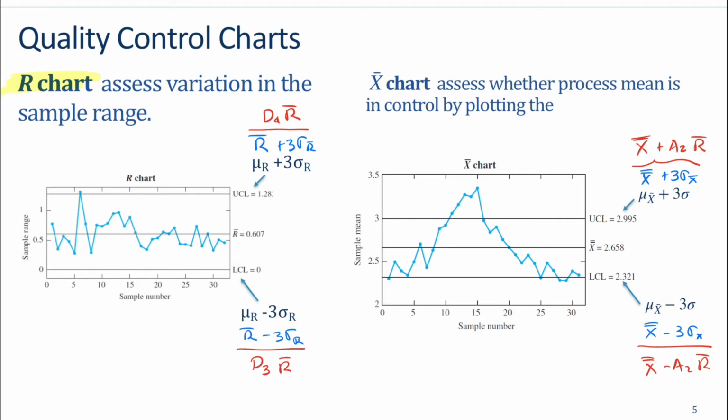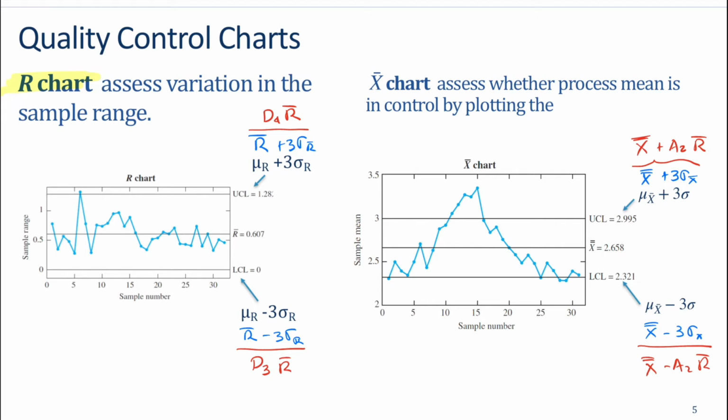Now, for the X bar chart, we can compute the upper control limit and the lower control limit in a similar way using different constants in the table. The upper control limit is mu of x bar plus 3 sigma, and mu of x bar is approximated with x double bar, but the whole number is approximated with x double bar plus A2 multiplied by R bar.